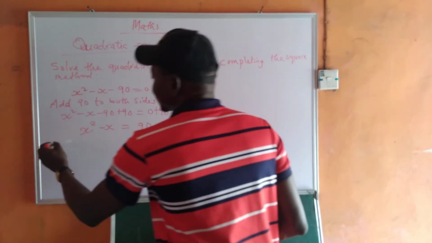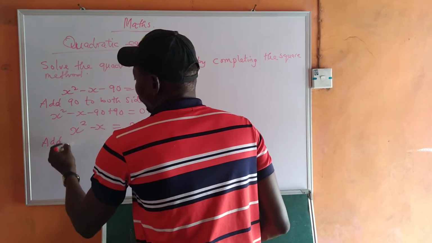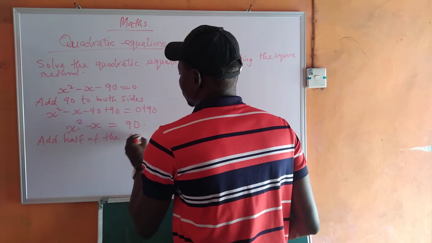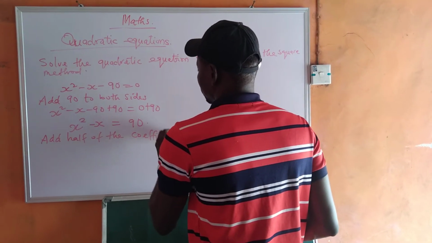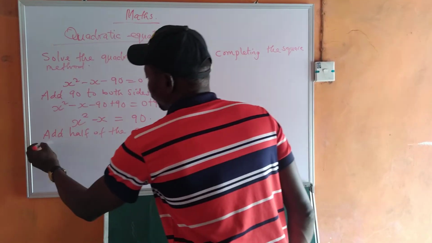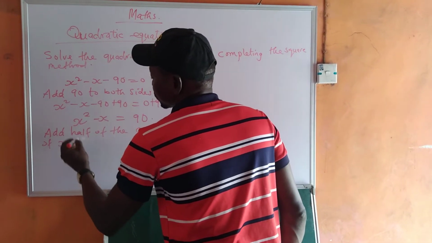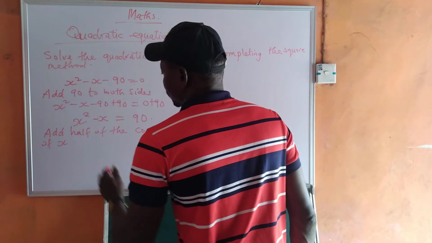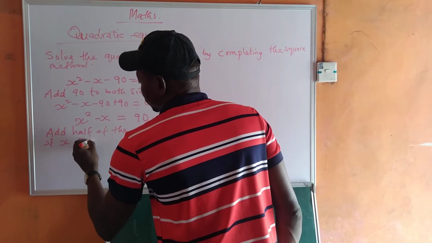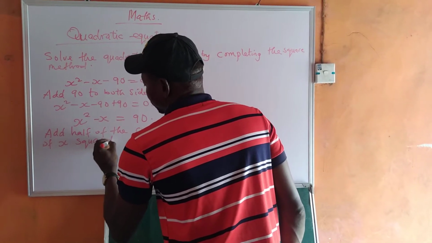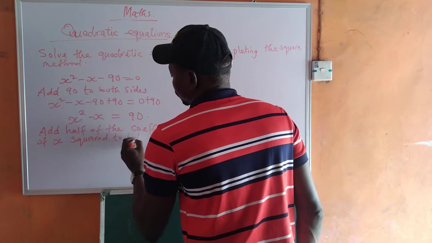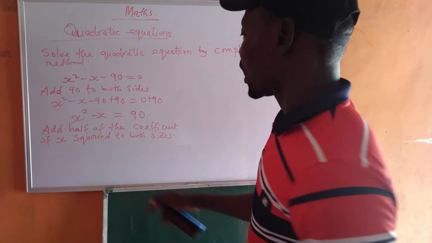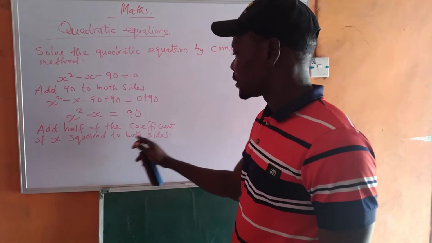So we are going to write: add half of the coefficient of x, squared, to both sides. So half of the coefficient of x, square it, then you add it to both sides.